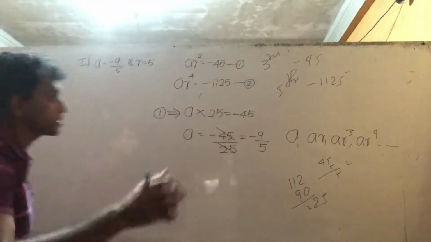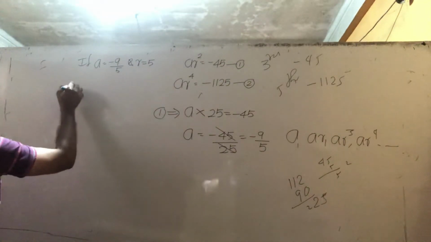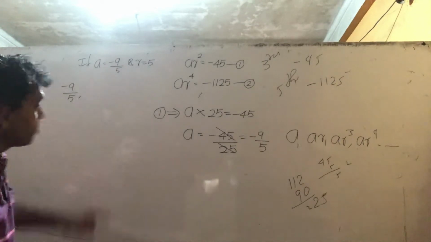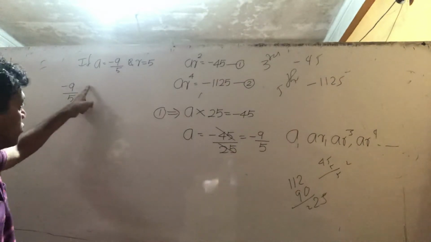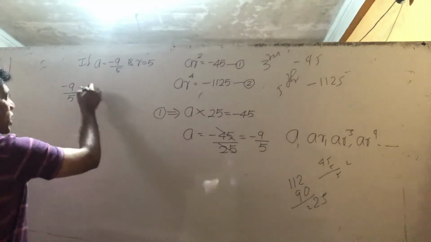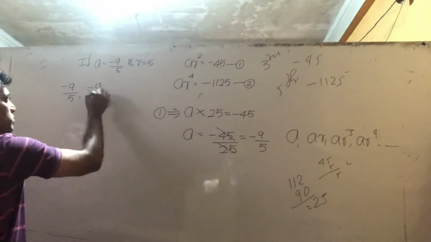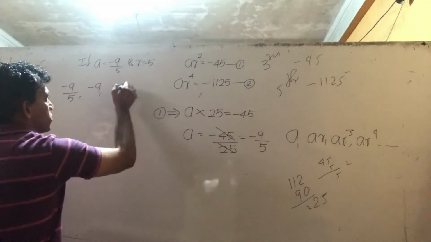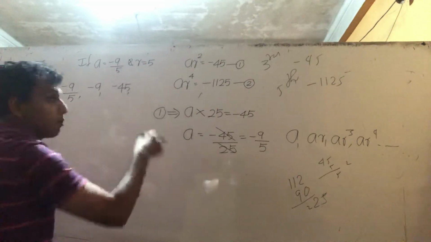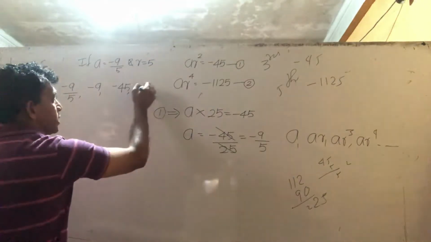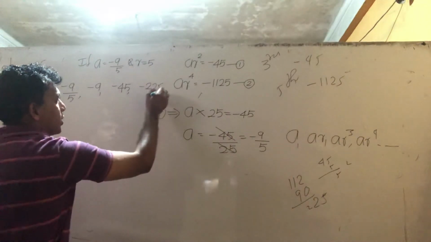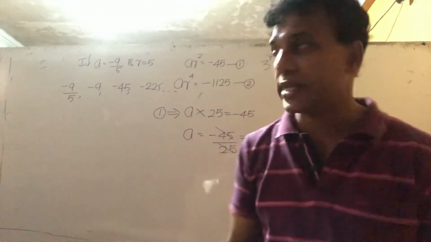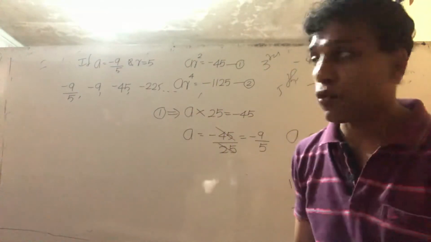Therefore write the series: minus 9 over 5, multiplied by 5, the 5 cancels, minus 9. Multiplied by 5, minus 45, multiplied by 5, minus 225. This is one series, right? One pattern after connecting the a and the r value.